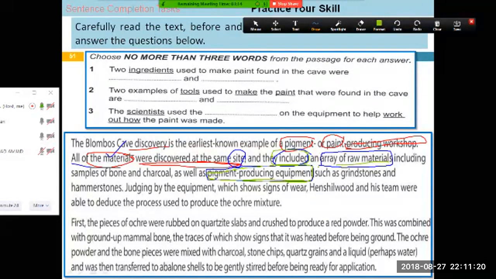In raw materials, it says including which two raw materials? Bone and charcoal. These are the examples of raw materials. And grindstones and hammerstones are the examples of what? Pigment producing equipment, tools.